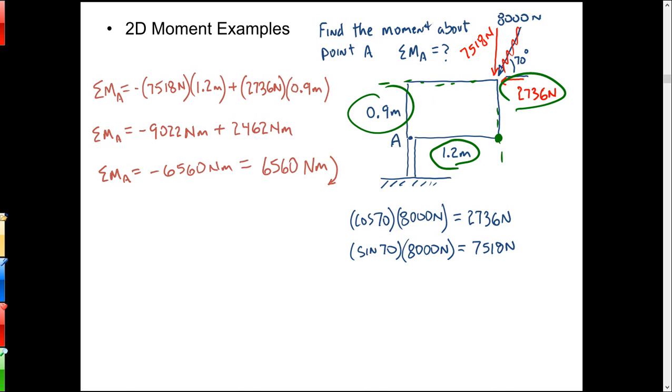This process is greatly simplified when you break things up into components, because you get x and y forces. It's very common in your dimensioning to have x and y dimensions. You just combine the x's and the y's together and the y's and the x's together. That's the deal. You do have to watch sign, though. It's important.